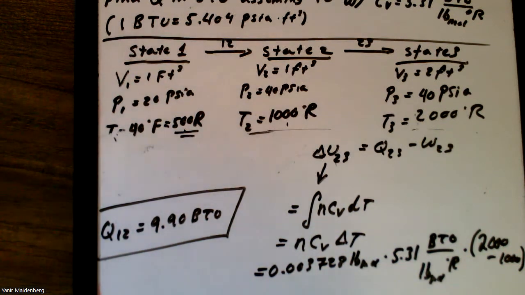So when I punch it all in, I get that the delta U here is about 19.8.